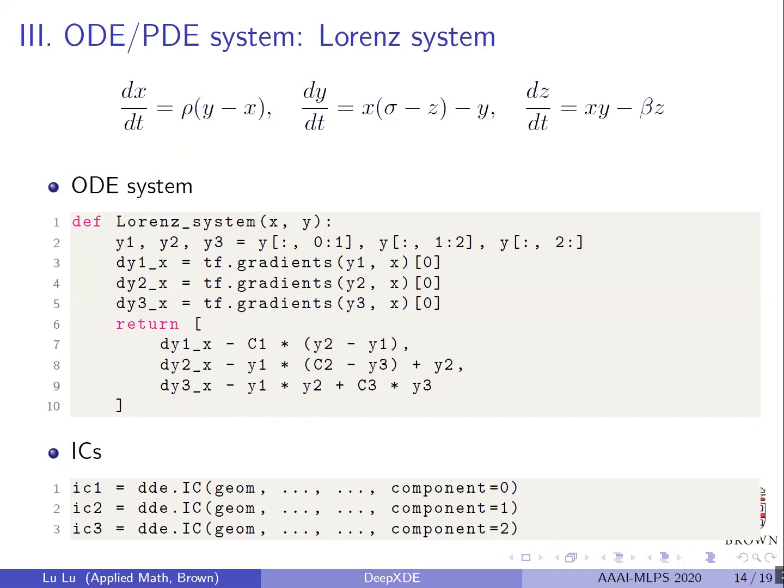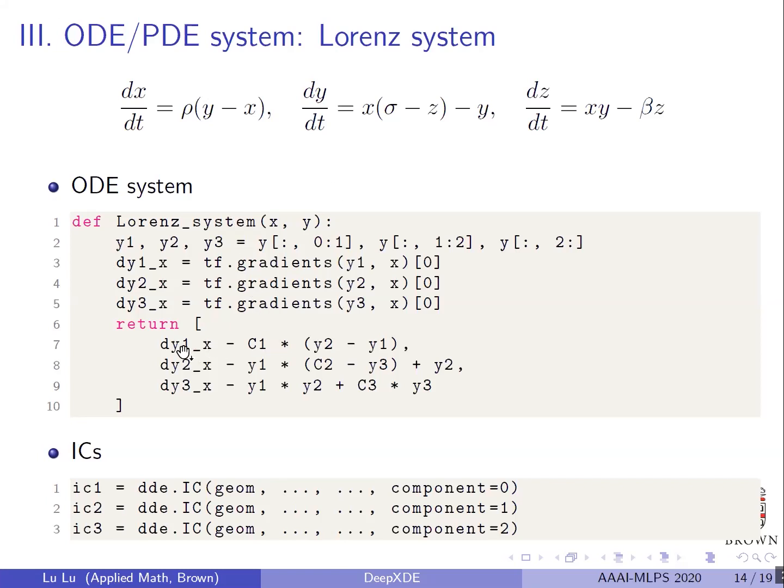Then in the third example, we will go from one differential equation to a system of differential equations. For example, here I consider the Lorenz system, which is an ODE system, as shown here. The only difference of this problem is that when we define this PDE, currently we have a system.